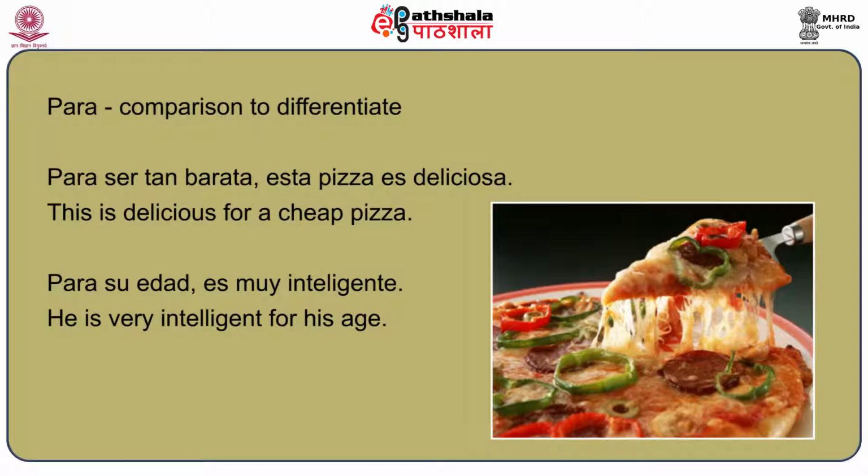In English, the sentence is, this is delicious for a cheap pizza. Let us take another example. Para su edad, es muy inteligente. I repeat, para su edad, es muy inteligente. In English, the sentence is, he is very intelligent for his age.